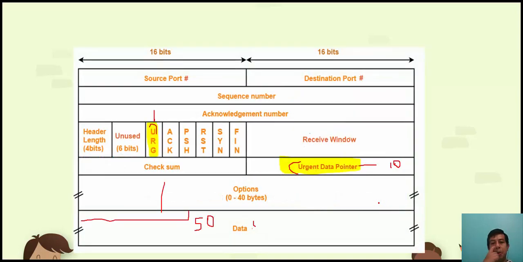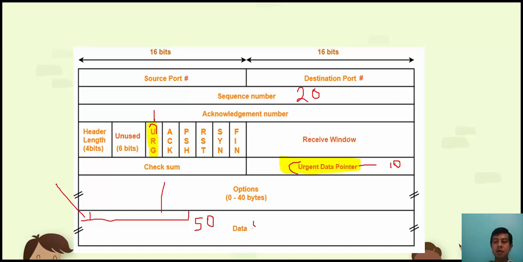Say the sequence number of this packet is 20. What does this mean? That means the number of the first byte is 20. I hope you remember this.